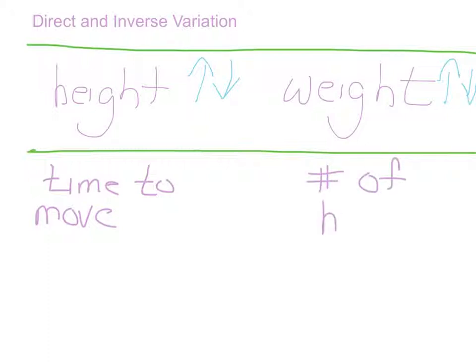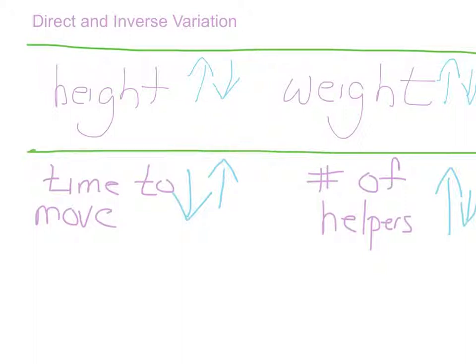Let's imagine that as the number of helpers increases, what do you think it's going to do to the time it takes to move? Well, the more people I have helping me, the less time it's going to take to move. I could think about that situation in the opposite direction. The longer it takes me to move, the more likely I am to have fewer helpers.